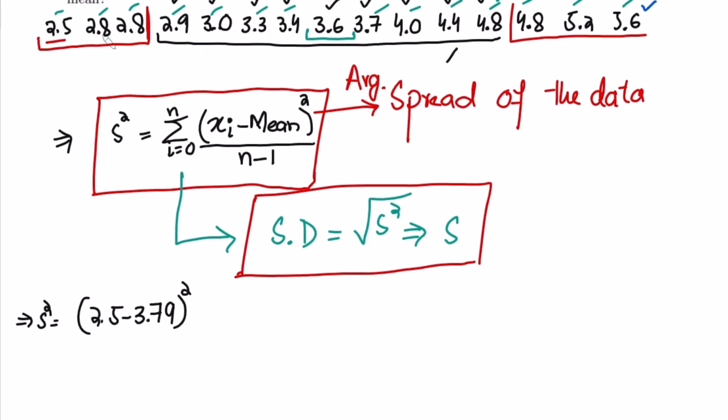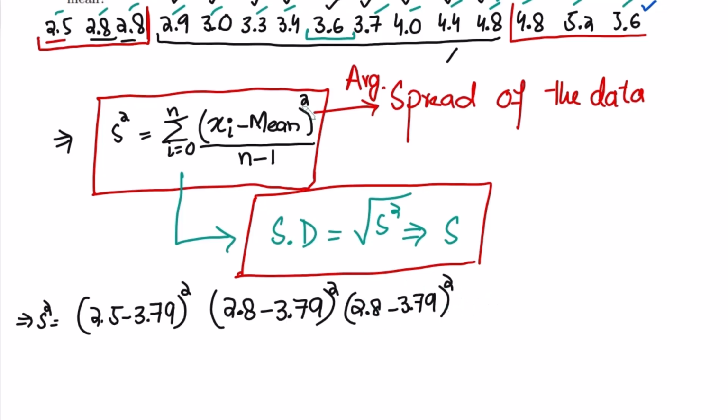The second point here is 2.8. So I have to take 2.8 minus the mean, that is 3.79, and then square it. The third point here is again 2.8. So again 2.8 minus 3.79 whole square.